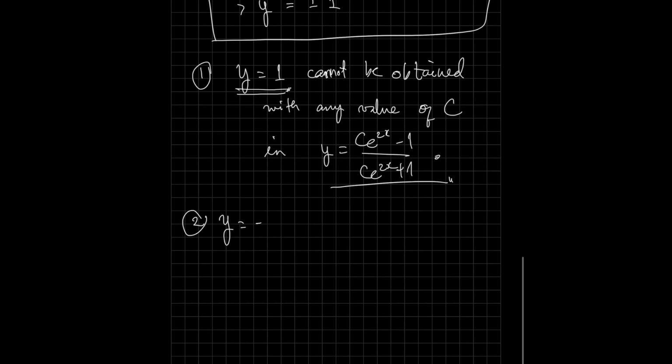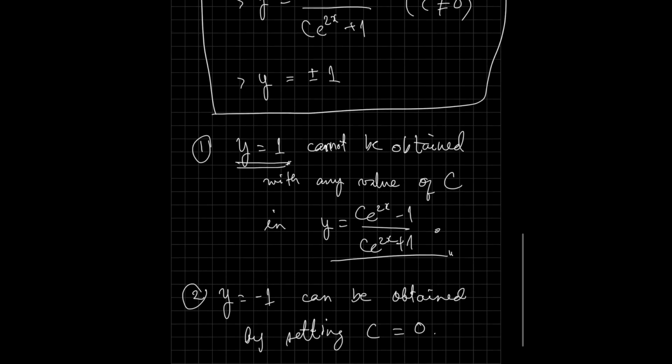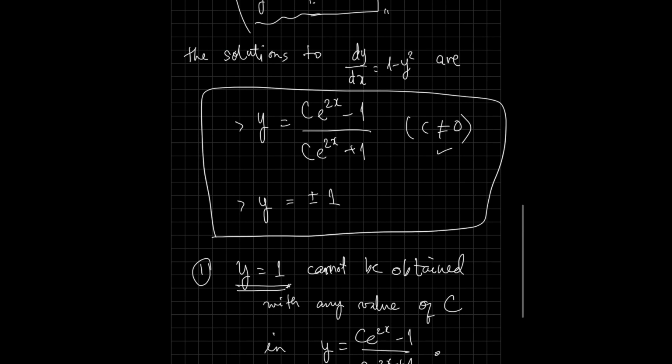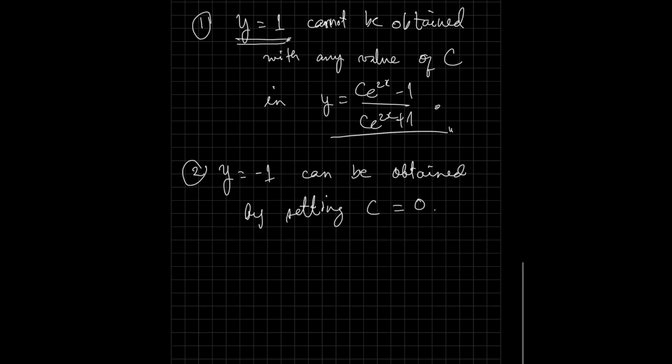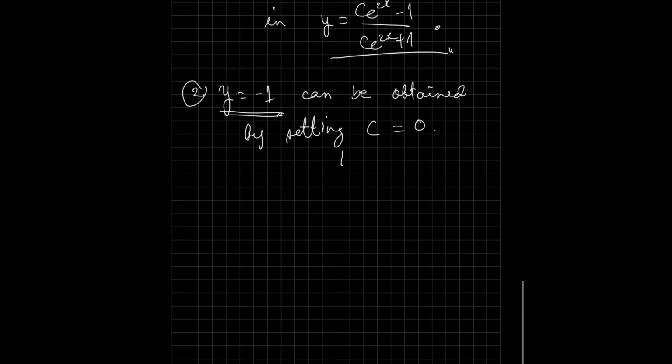And the other remark is that the solution y equals negative 1 can be obtained by setting c equals 0. And what that means for us is that now we can remove this restriction of c is not equal to 0. We can remove that restriction so that it will include y equals negative 1.